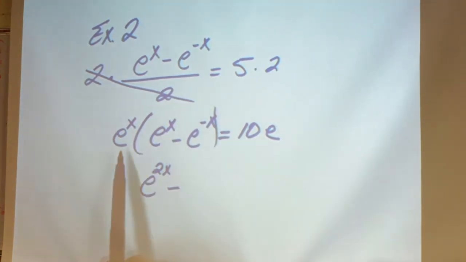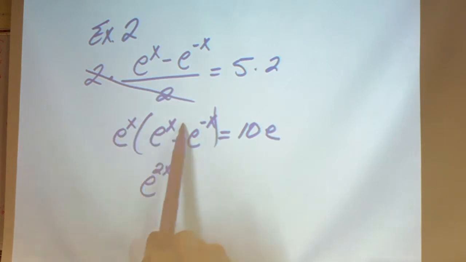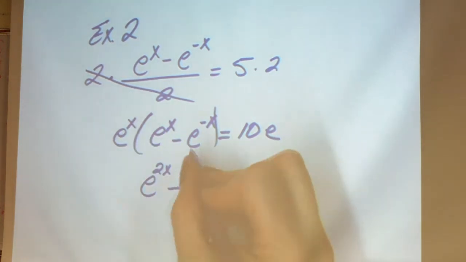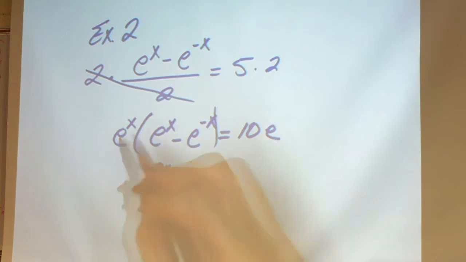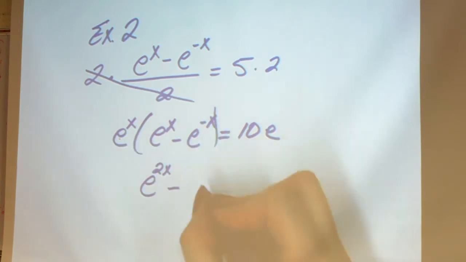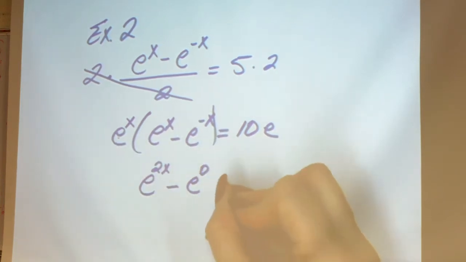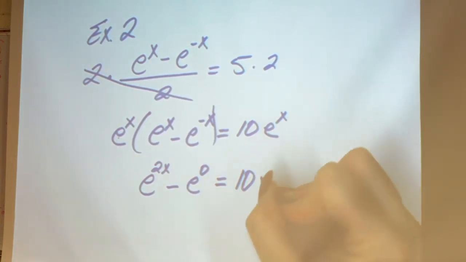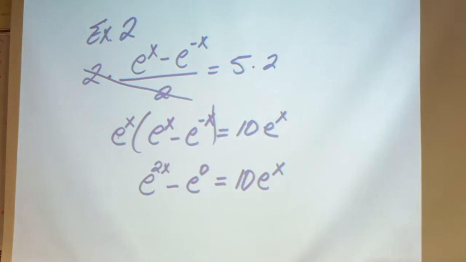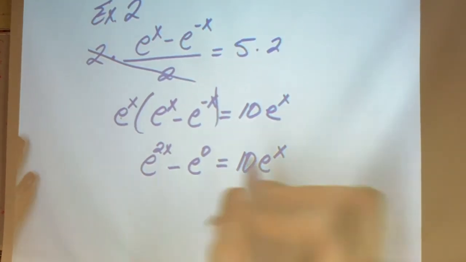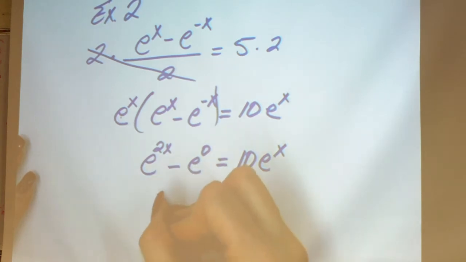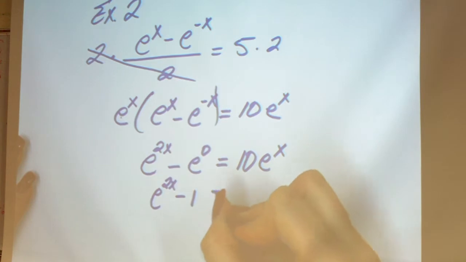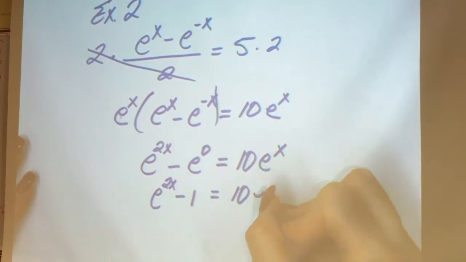I changed my mind about the multiplier. So that's where I get e raised to the x times e raised to the x is e raised to the 2x. Subtract e raised to the x times e raised to the negative x gives us e to the 0. And then over here we're going to have 10 e to the x. So now we know that e raised to the 0 is 1. So we have e raised to the 2x, subtract 1, equals 10 e raised to the x.